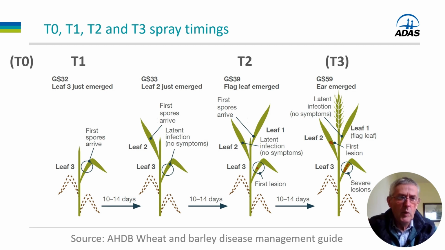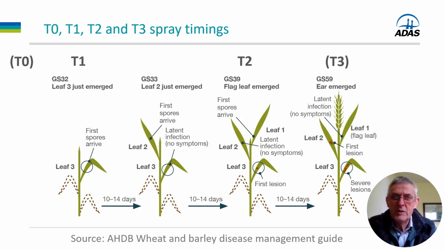So the T1 application is targeted at the time when leaf 3 down the canopy is just emerged, and it's providing protection on leaf 3 against the first spores that are going to arrive after that leaf has emerged. It will also provide some forward protectant activity against spores arriving on leaf 2 later on in the growth of the crop.